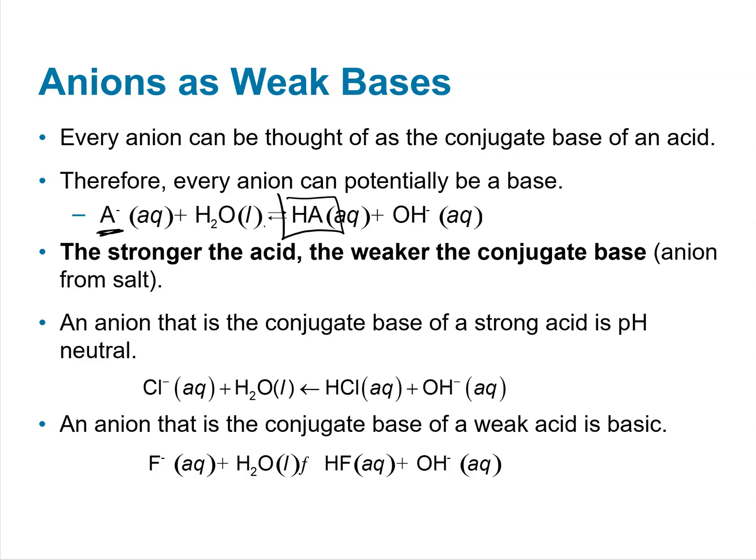Because if A really wants that proton, it's going to hang on to it, right? It's not going to want to give it up in its acid form because it's happy now. It's got its proton and it's satisfied. So remember, the stronger the acid, the weaker the conjugate base. The stronger the base, the weaker the conjugate acid.